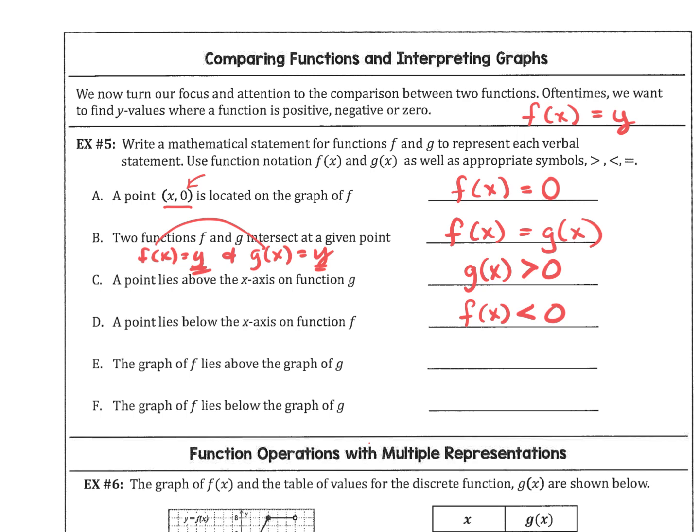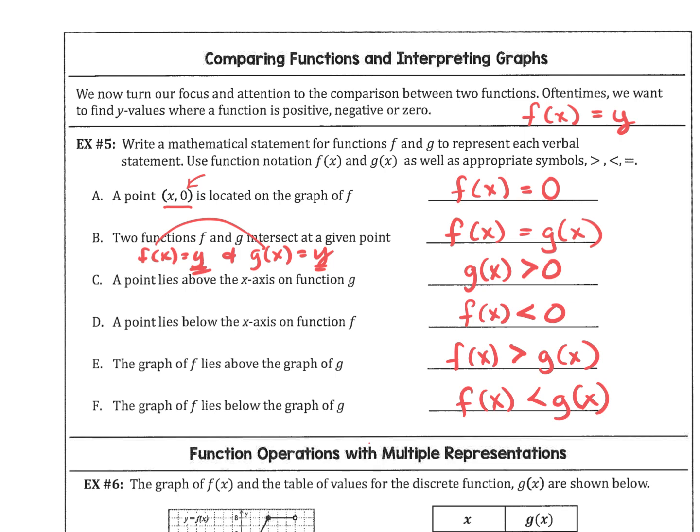So f is greater than g. f of x is greater than g of x. So now you ought to be able to do this one. f lies below the graph of g. f of x is what? Yeah, less than g of x.